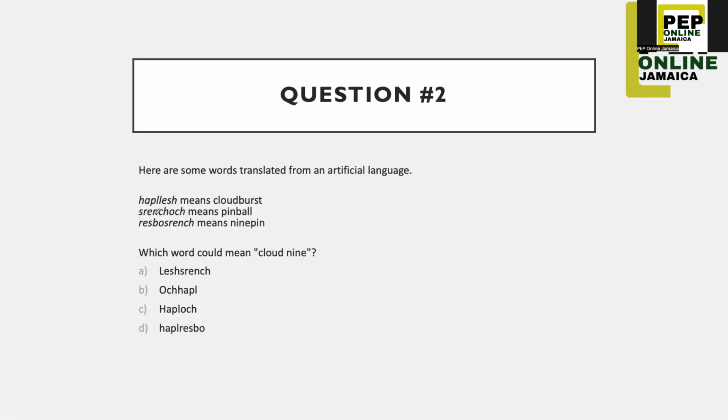We have the words here, and we're checking for which one has something in common. We have cloudburst, we have pinball, we have 9-pin. So right away, we realize that pin is a very similar word in both. So we're going to look for something that is very similar here that could help us to represent pin.